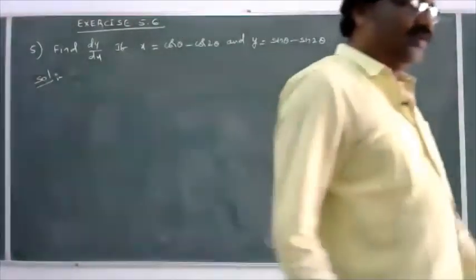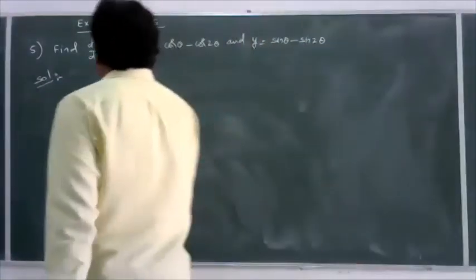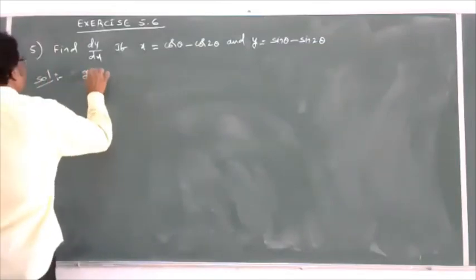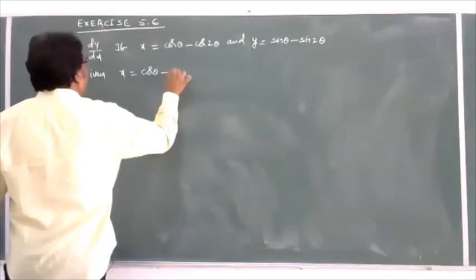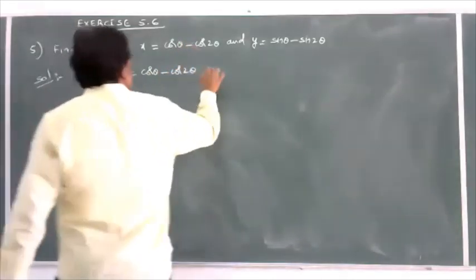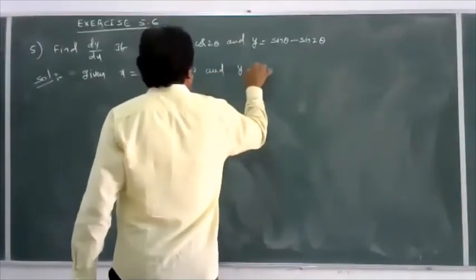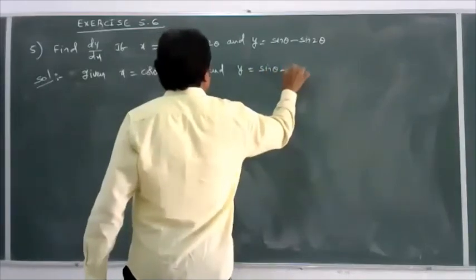Solution: given parametric equations, x is equal to cos theta minus cos 2 theta and y is equal to sin theta minus sin 2 theta.